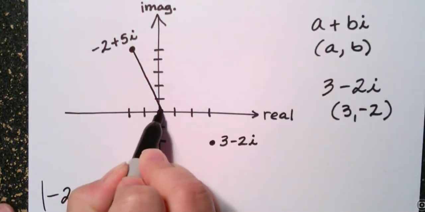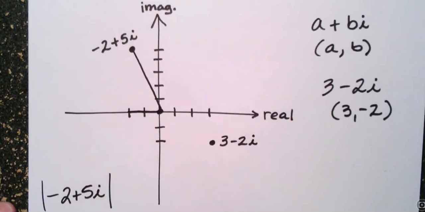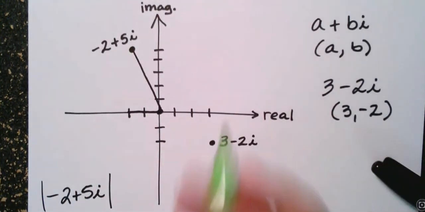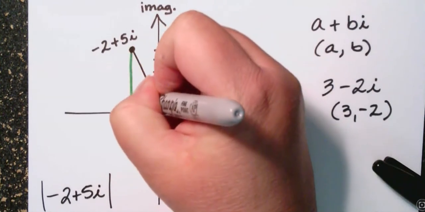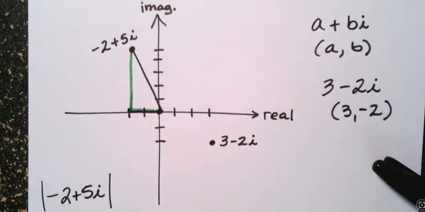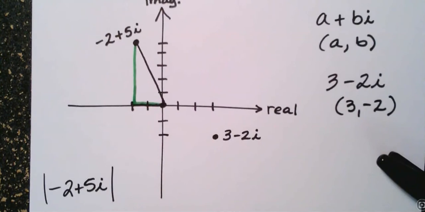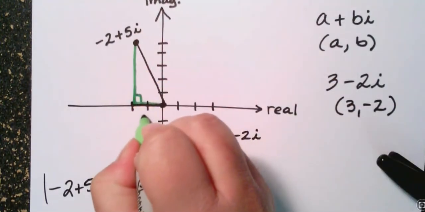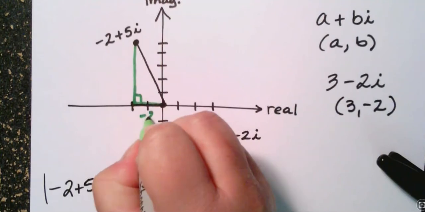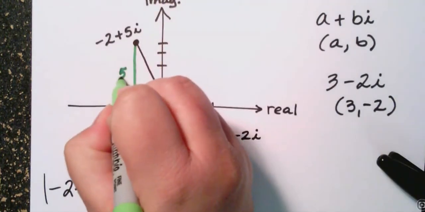I need to know how far I'm going this way. Let's use a different color. How far I'm going this way and how far I'm going this way. I could use the distance formula, but another way of using the distance formula is to think of it just like the Pythagorean theorem. Pythagorean theorem and distance formula pretty much say the same thing. Two different ways of looking at the same thing. So this way, here's my negative 2 and here's my 5.